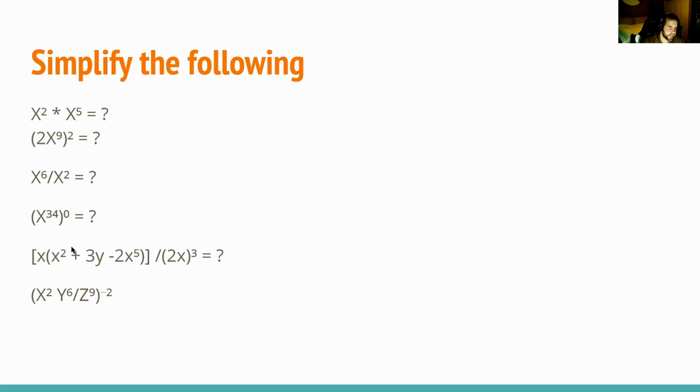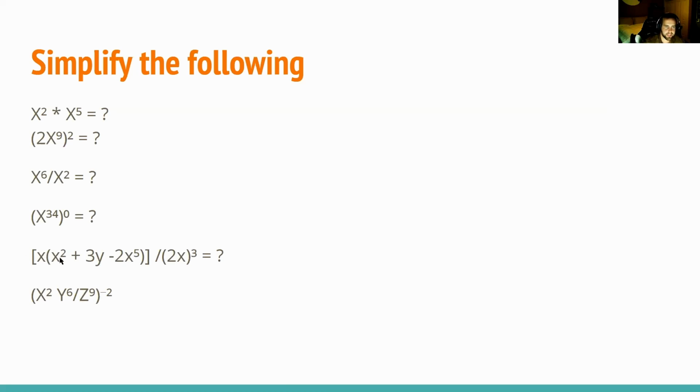We would first share the x across to each of these terms. So it'd be x cubed plus 3xy minus 2x to the power of 6. And then you would divide it by 2x to the power of 3. And this would be then subtracting from each of these terms that we just had. So if this was x to the power of 3, this would be 3 minus 3 is 0.